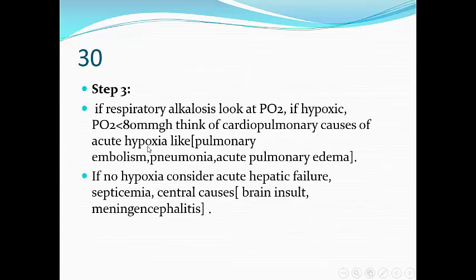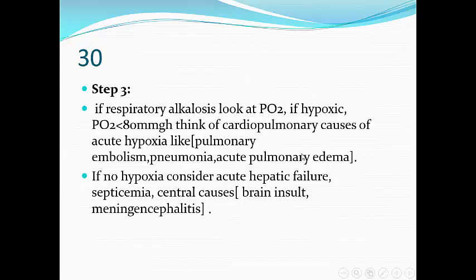Third step, please. If you find any respiratory alkalosis, you should look at the PO2. If hypoxic, you should search for the hypoxic causes of respiratory alkalosis, which is acute cardiopulmonary pathology leading to hypoxia, like pulmonary embolism, pneumonia, acute pulmonary edema.